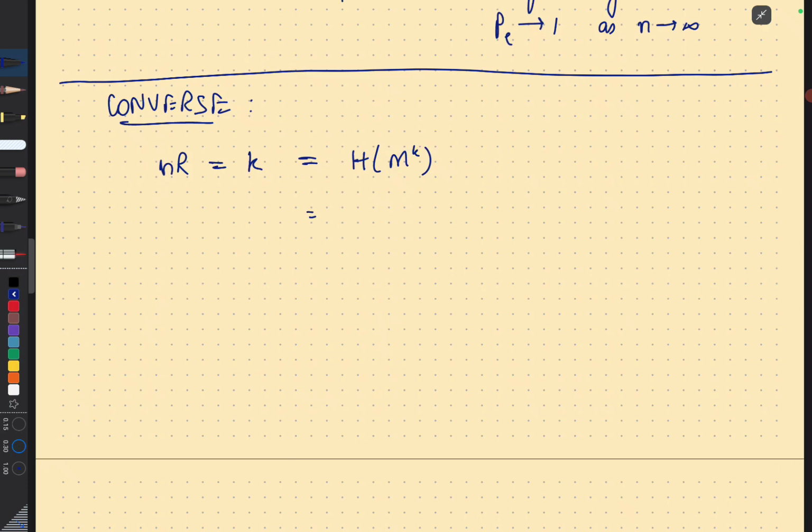The next step is to somehow bring in a mutual information. And remember, what are the requirements? We want to connect the rate with the probability of error. And the only way we know how to bring in a probability of error through information inequalities is using Fano's inequality. All right. So we'll write this as H of M^k minus, I'll add and subtract H of M^k given M^k hat, the estimate.